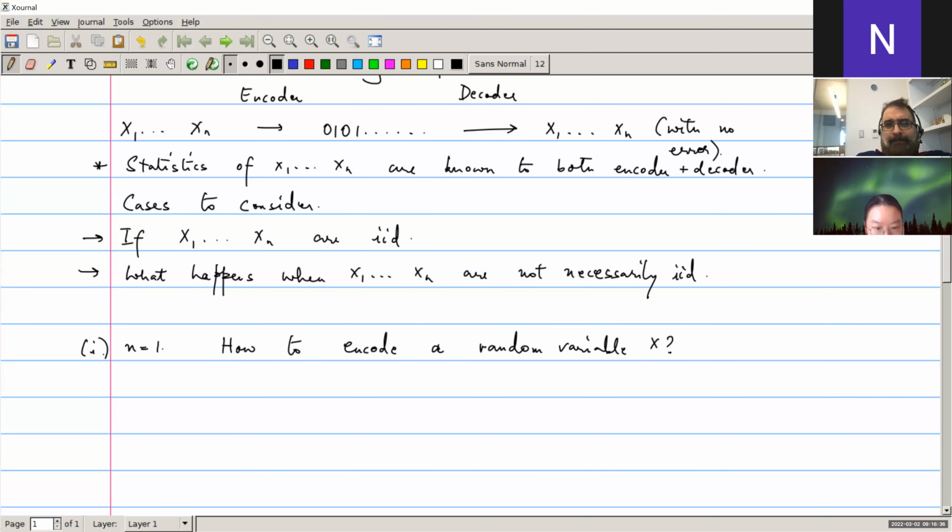One reason to look at it is that we'll get some insights into what is happening, and many of those insights extend when you look at larger blocks of random variables.